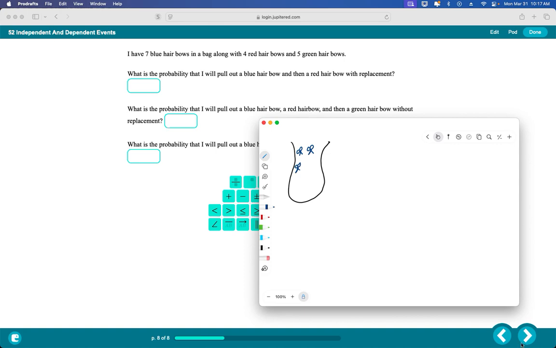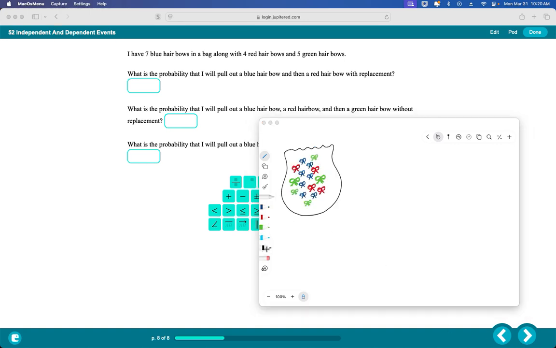I'm going to go ahead and draw that. Okay, I got us a little picture going here. I've got 7 blue hair bows, I've got 4 red hair bows, and I've got 5 green hair bows for a total of 16 hair bows.